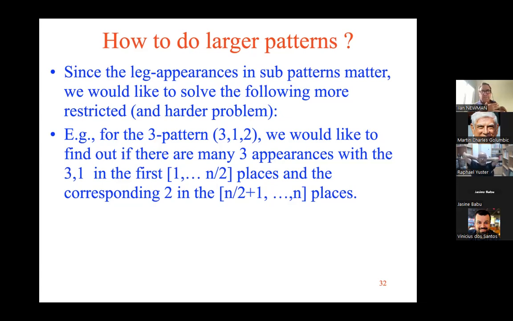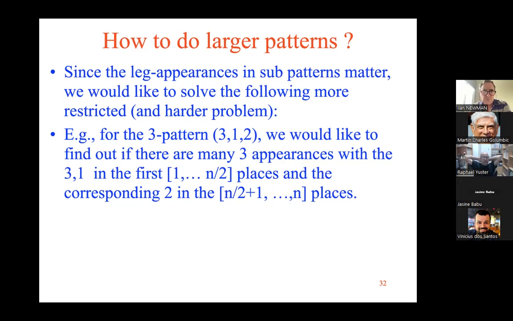Now, a function that is not pi-free should have such an appearance somewhere. And if it's far, it has a lot of such appearances. Okay, but what if I actually wanted the following problem? I would want to find a 3, 1, 2 appearance, but not anywhere.